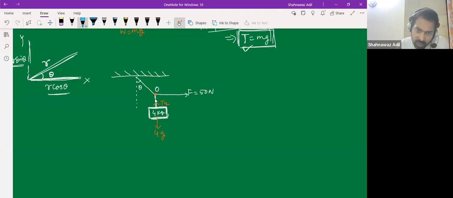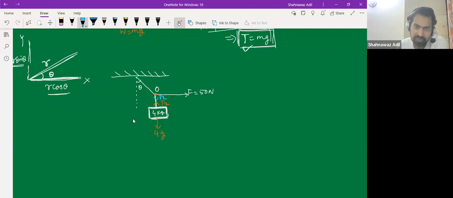So the rope is feeling some tension at this point as well, right? This would be in this direction, and the amount is T2. Clear? In the opposite direction of this point. Understood?